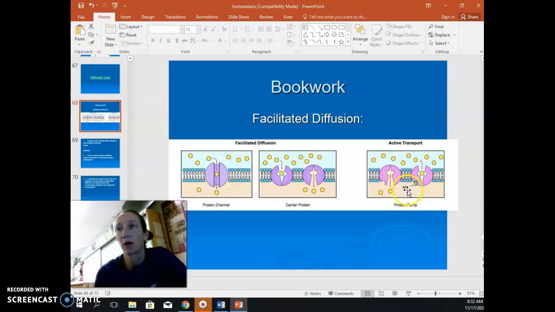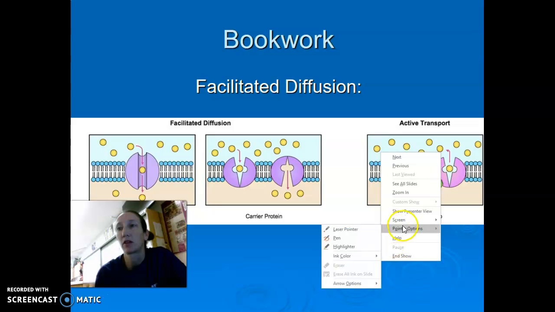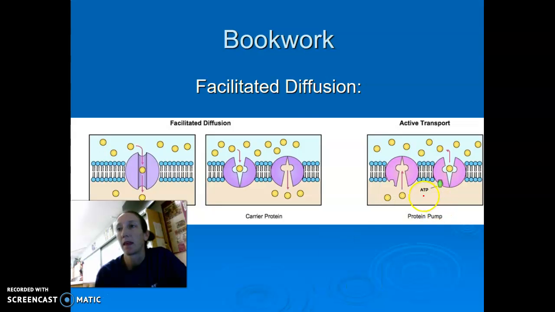Active transport requires ATP. They've got to have this ATP to actually function. But facilitated diffusion does not require any ATP. So that's definitely different. This is active transport, and facilitated diffusion is passive transport.